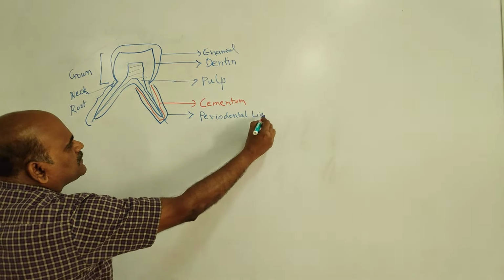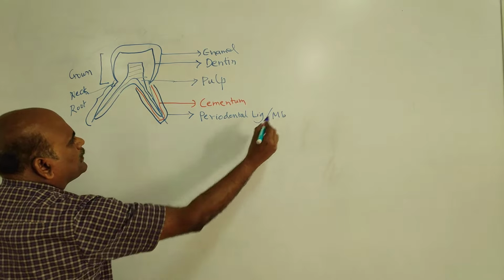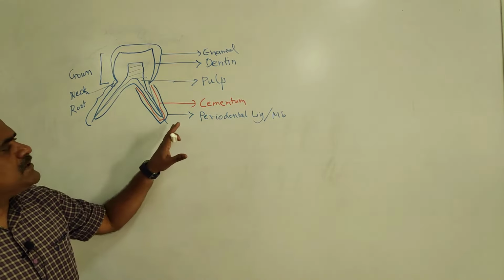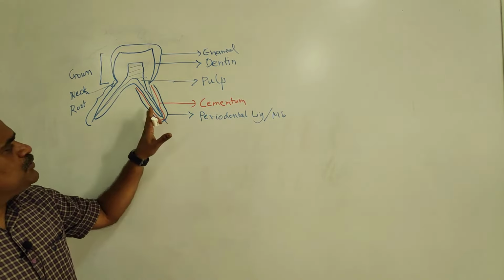Periodontal ligament or membrane. This periodontal membrane provides the attachment of the root to the alveolar socket. So, this is the basic structure of tooth.